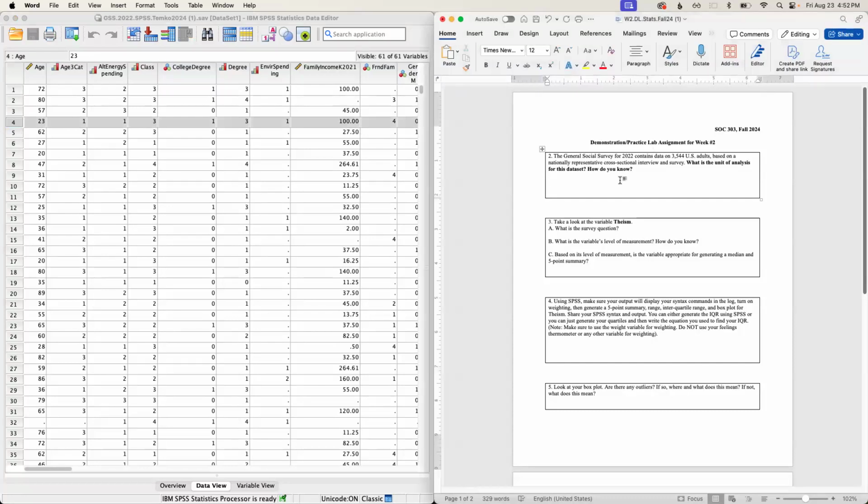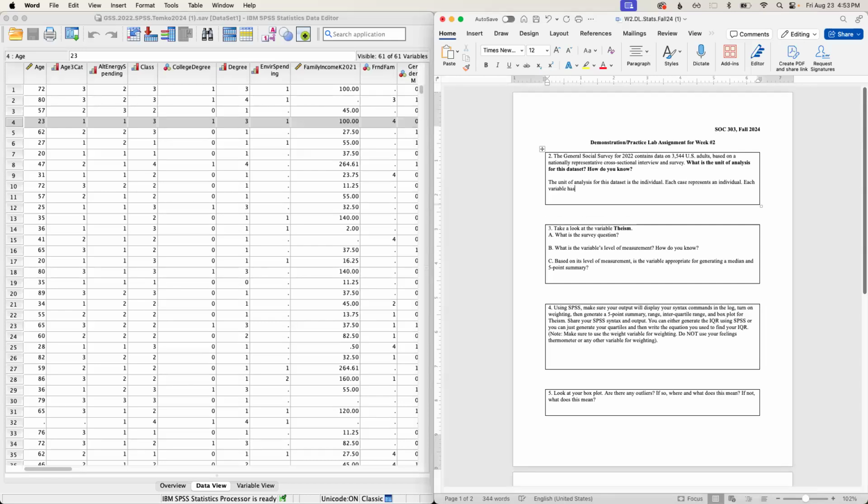And so the unit of analysis for this data set is the individual, or it's a US adult. It's at the individual level. Each case represents an individual. Each variable has data for each individual.